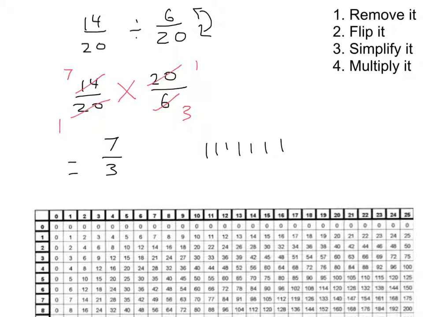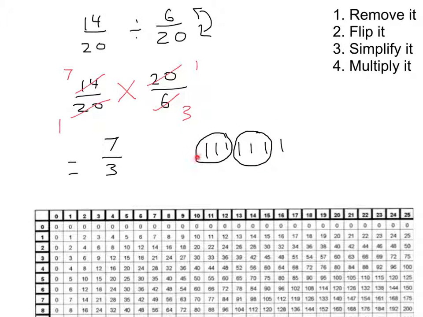Okay, we have 7 lines here, and we want to find out what's the most groups of 3 that will go into 7. And what we'll do then is we'll circle one group of 3, and then we'll circle another group of 3. So the most groups of 3 that go into the number 7 is 2.